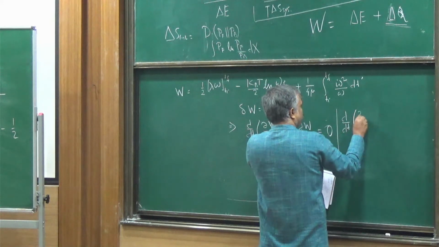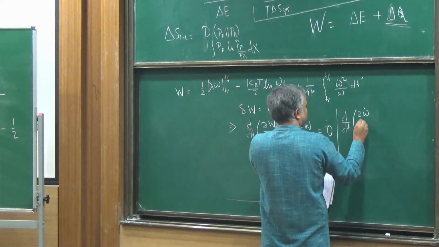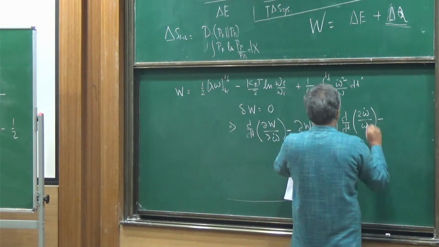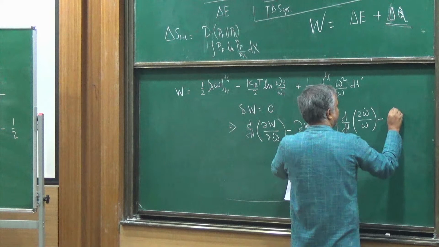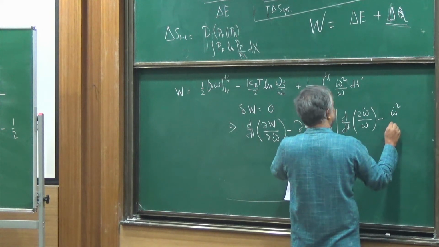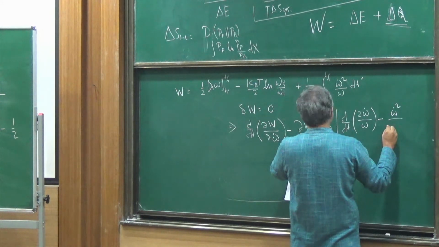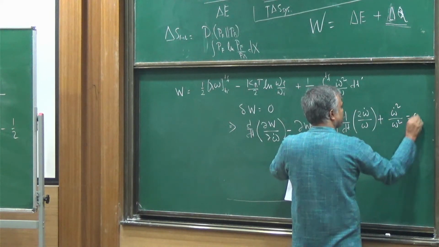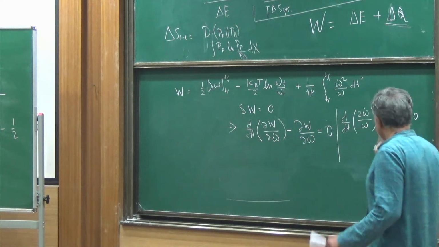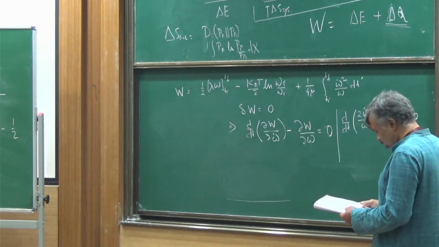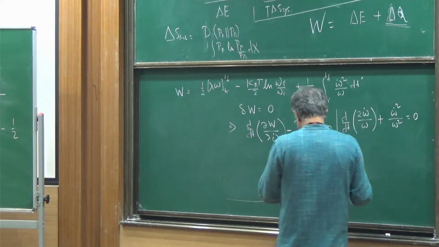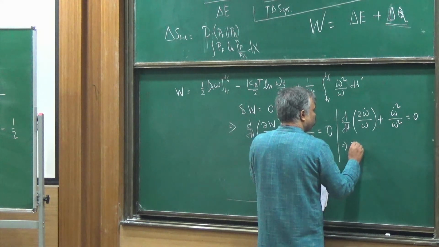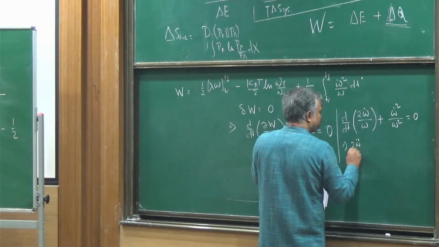So this is 2 omega dot, 1 omega, minus omega dot square, plus. Is the first step correct? So this is now 2 omega double dot.